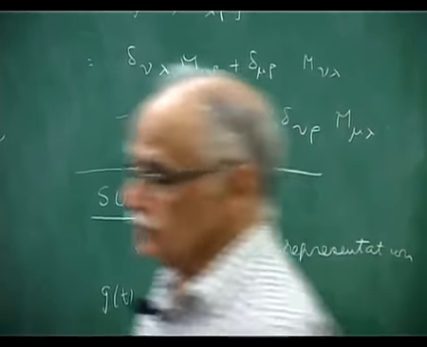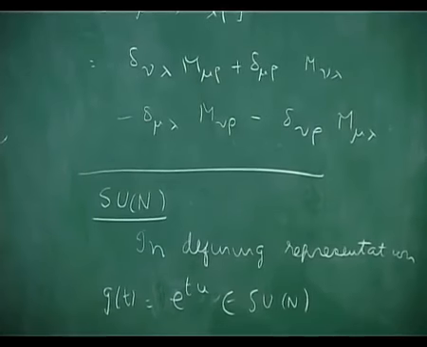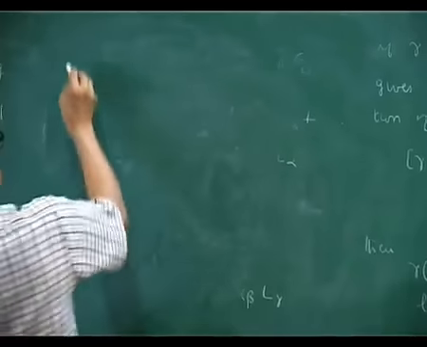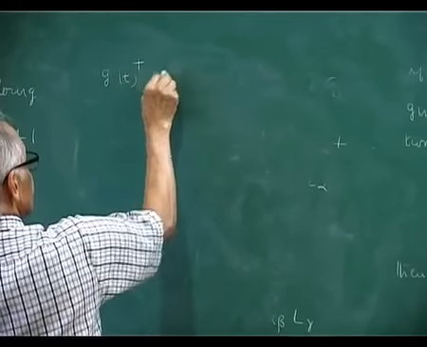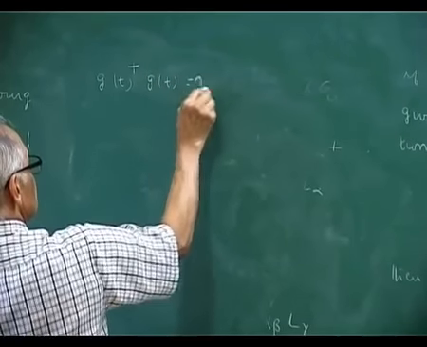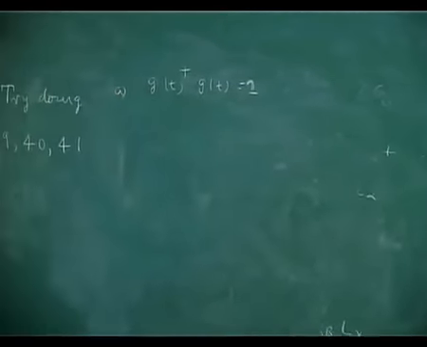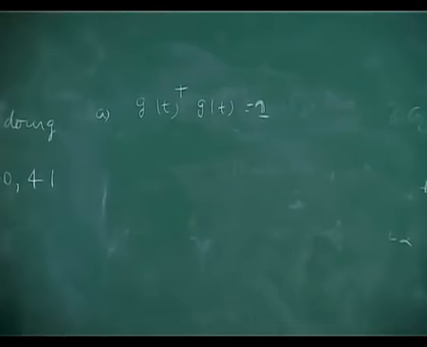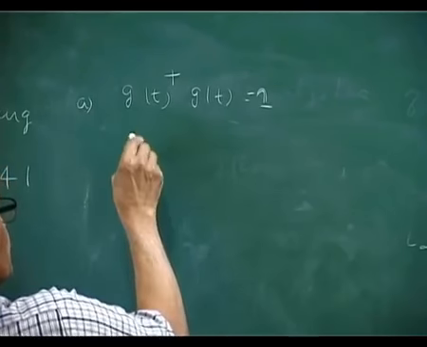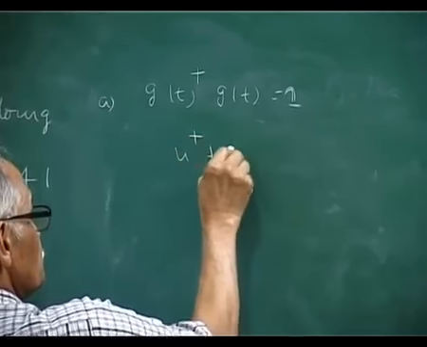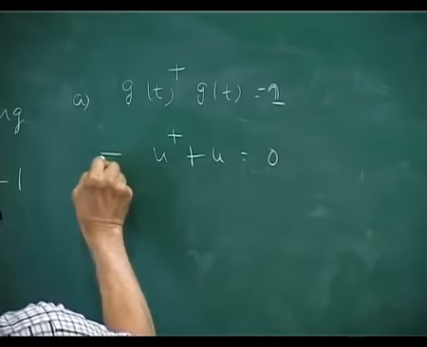I think we did SU(2) already, but anyway, it's better to do SU(N). Then unitarity says G(t) dagger G(t) is 1, which by expanding to linear order says u dagger plus u is equal to 0.